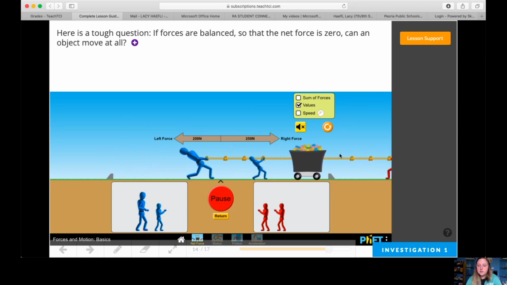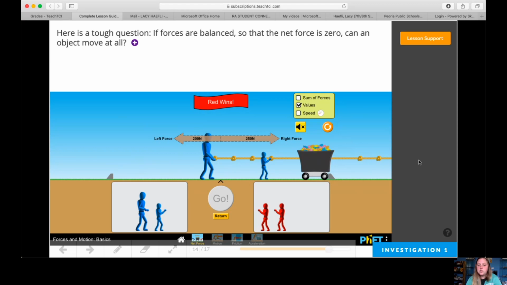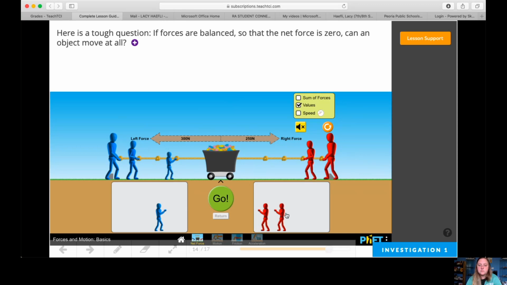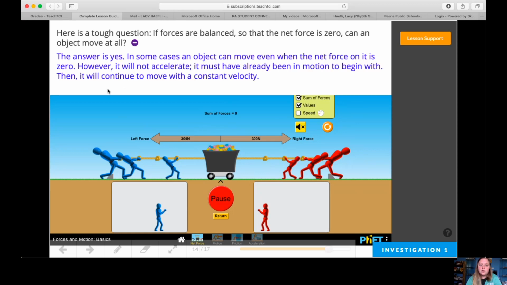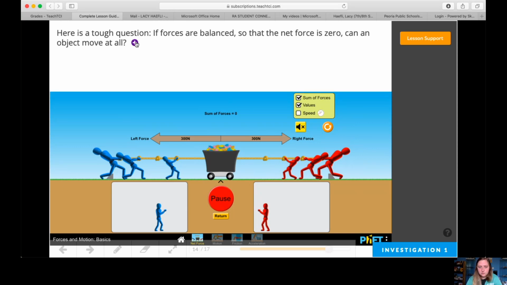But this person over here still had more force. Right? So if we were to do it again and have the same amount of force, it does not move. And so we would see that there is a sum of 0, a net force of 0. Okay, it will not accelerate. It must already be in motion to begin with.